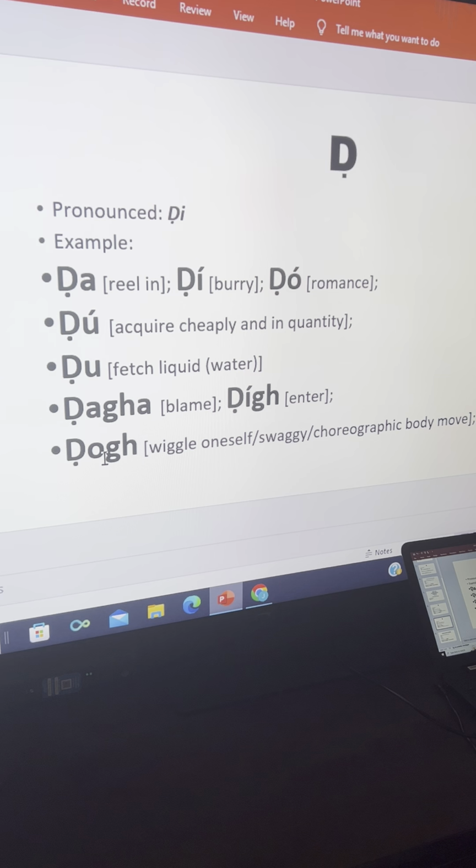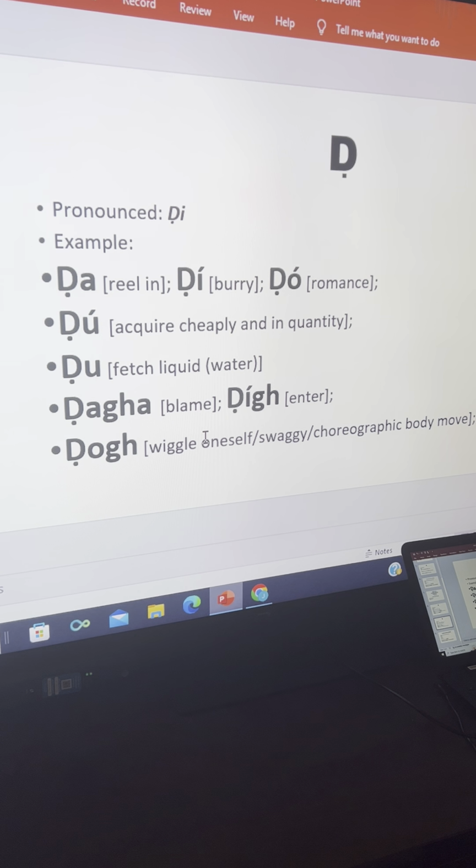D, O, G, He. Dok. See how you spell it. Dok. And that is to wiggle oneself, a swaggy move, choreographic body movement, when people are feeling good about themselves and they make that swaggy body move. Udok, okay? Dok.